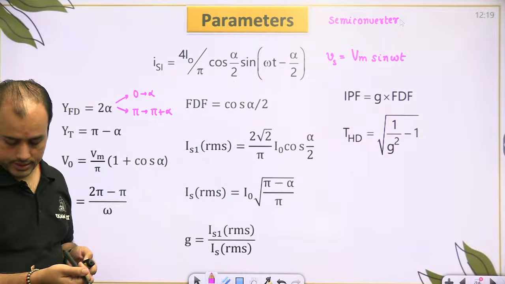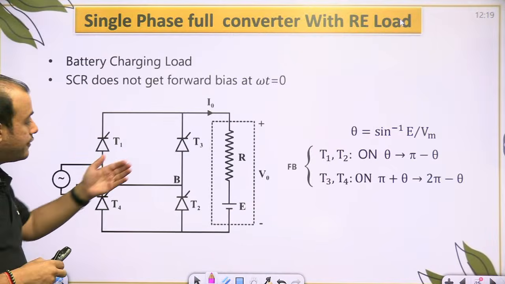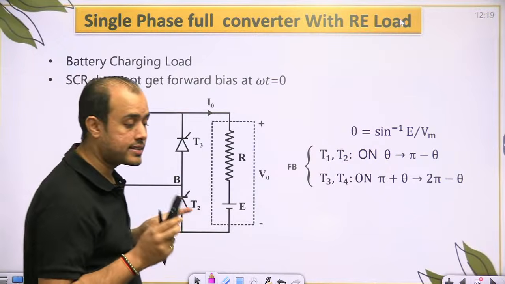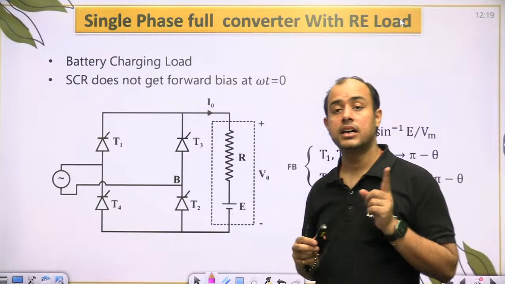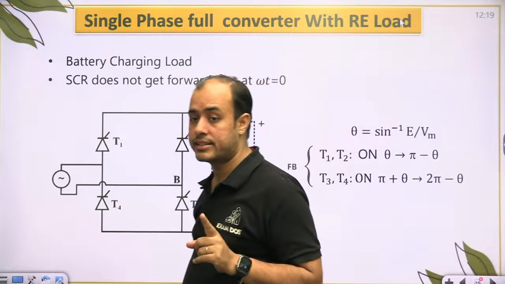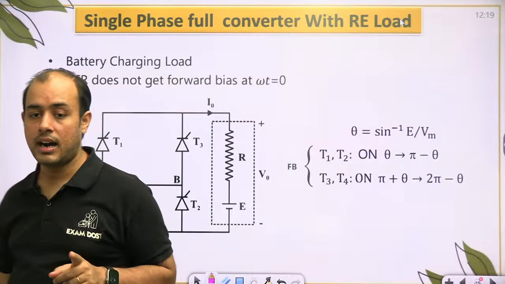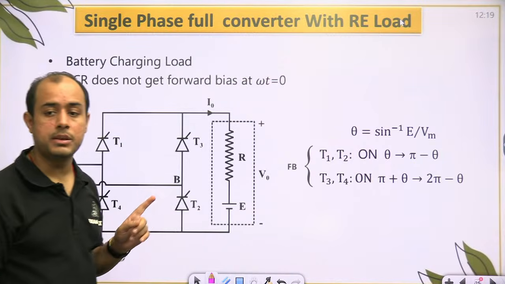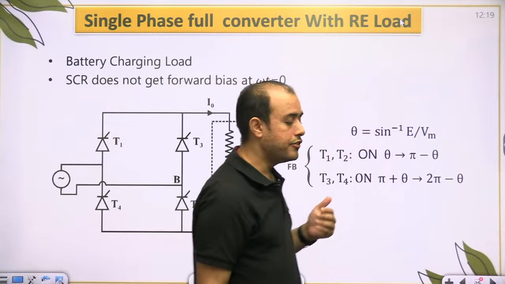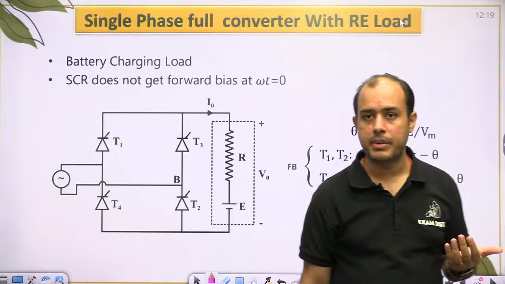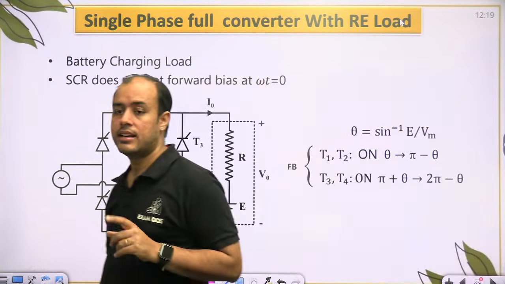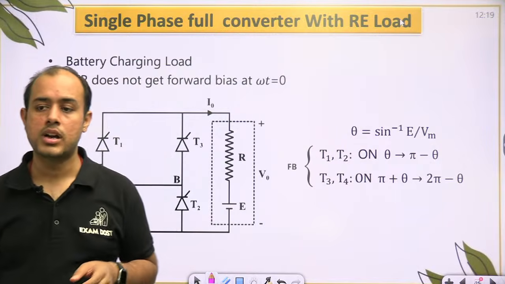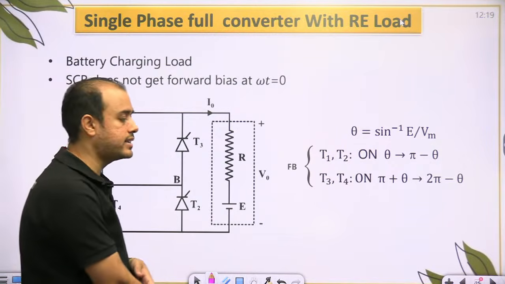ओके, चलिए. Next, if you have a RE load, yesterday what did we learn about RE load? That SCR does not get forward biased at 0 degree, but it will be forward biased at theta, which is sine inverse E by Vm. But because it is SCR, it does not start to conduct immediately at theta.